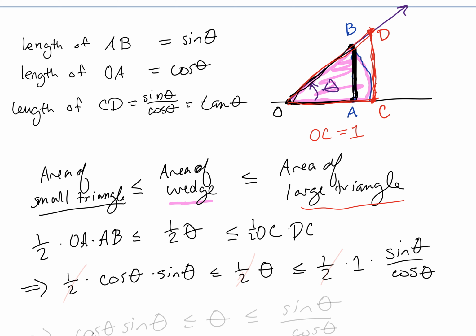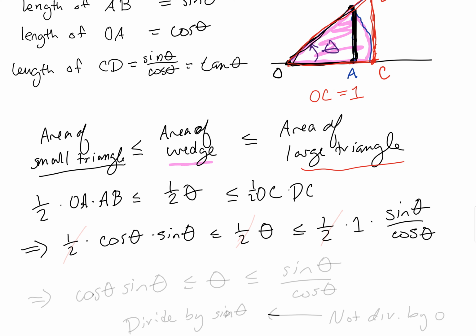And now what can we do? We can do some dividing by 1/2. There's a 1/2 in everything, so we can divide everything by 1/2, and that's fine. Let's simplify to that step right now. So cosine theta sine theta is less than or equal to theta, which is less than or equal to 1 times sine theta over cosine theta.